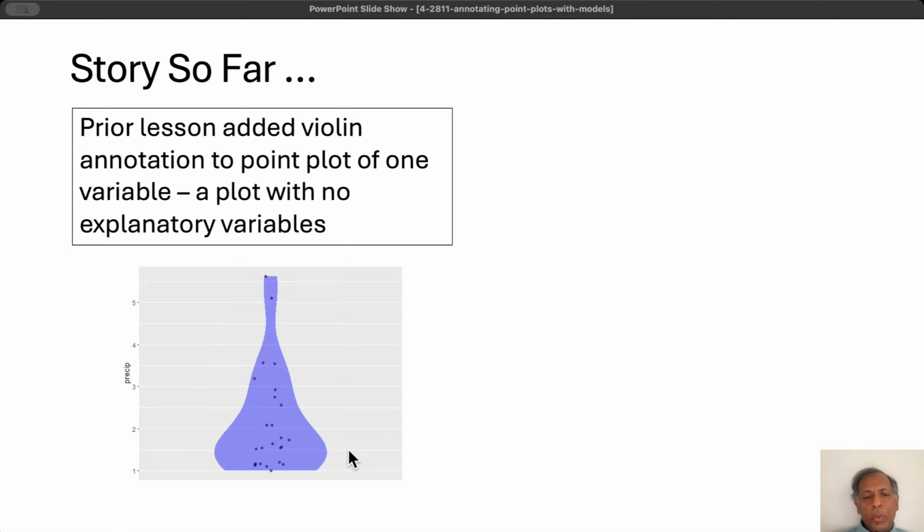Of course, what this plot is telling us is that the points range in value all the way from here, which is a little less than 1, all the way up to, let's say, 5.5. So all of its values fall within this range of, let's say, 1 to 5.5. That's the entire range.